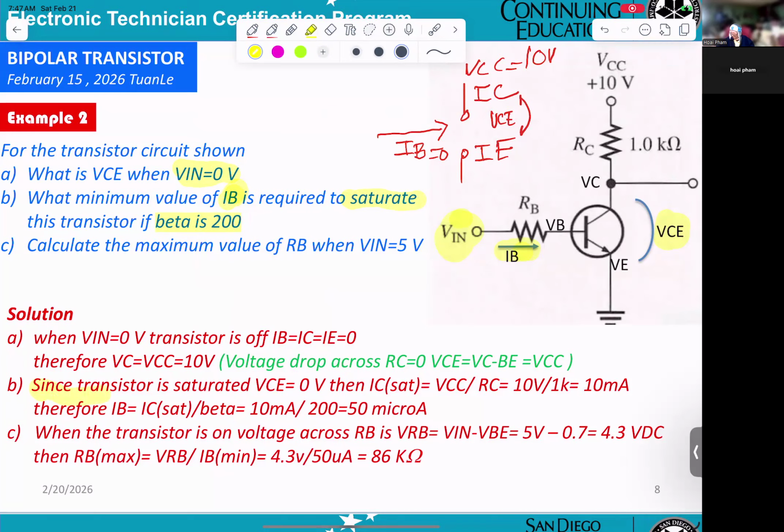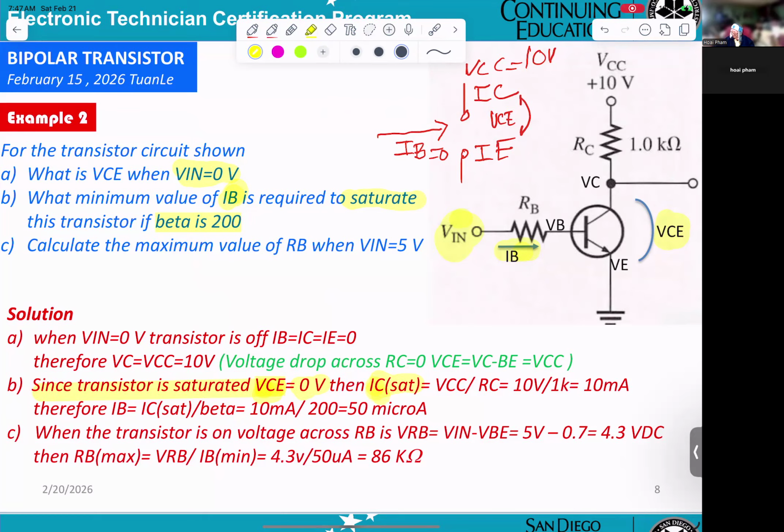The transistor is saturated if VCE almost equals 0, so you get the IC, which will be IC saturated.